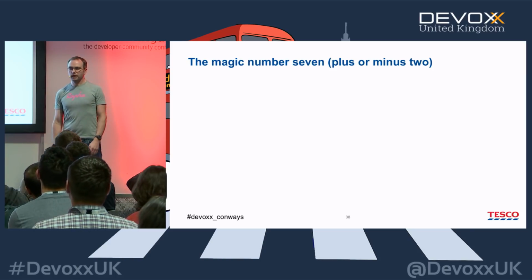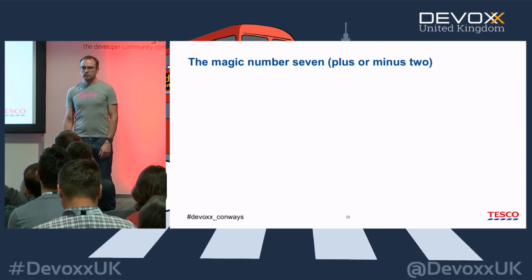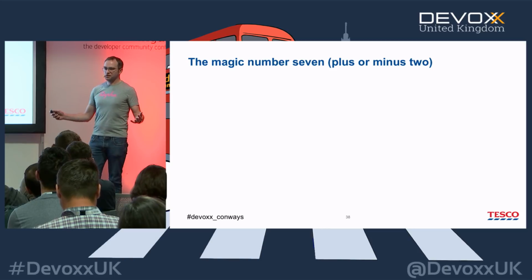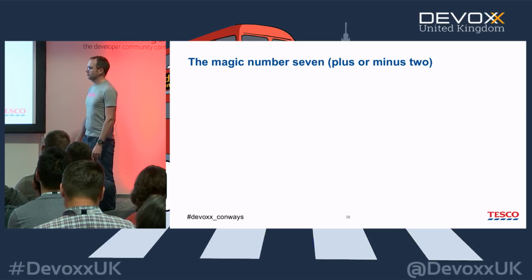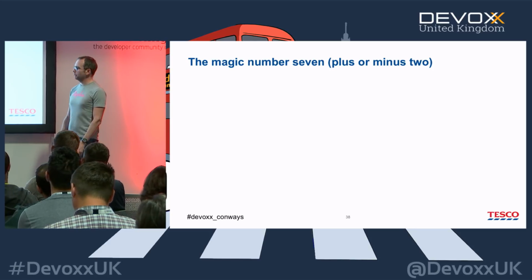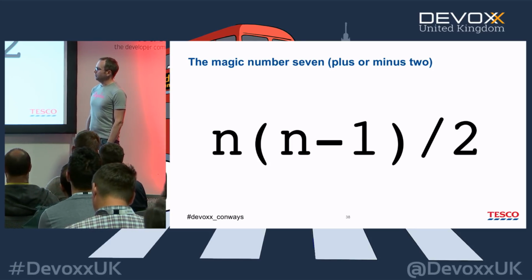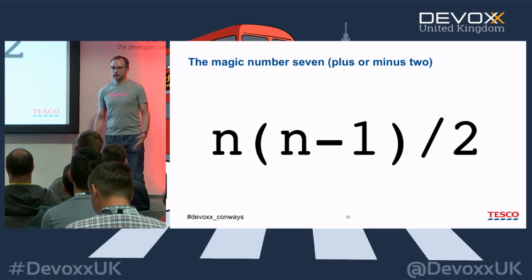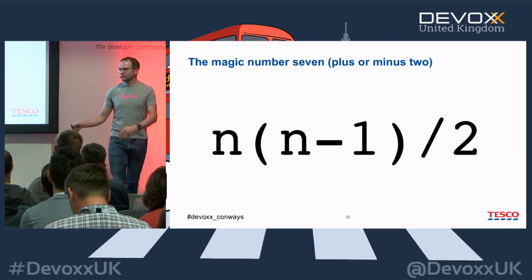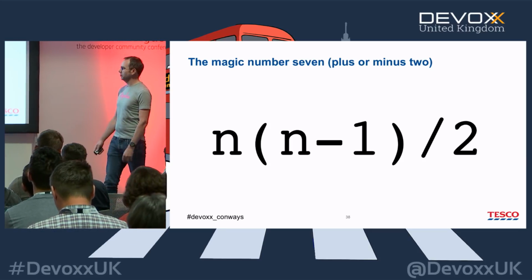You may have heard it as Miller's Law. You may have heard it as two-pizza-sized teams, but it all boils down to the same construct, which is really about how our memory works. So here is a formula. You can't have a tech talk or a loosely aligned tech talk without a good formula.